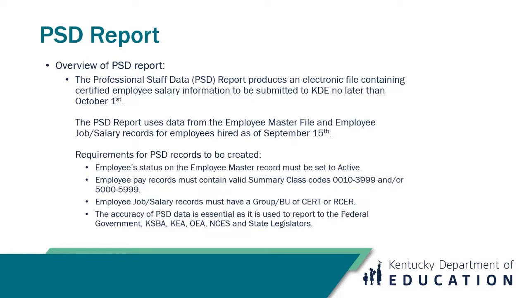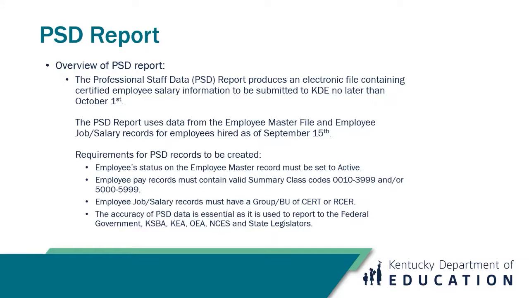The PSD report uses data from the employee master file and employee job salary records for employees hired as of September 15th. And the requirements for PSD records to be created: an employee status on the employee master record must be set to active. Employee pay records must contain a valid summary class code of 0010 to 3999 and/or 5000 to 5999.